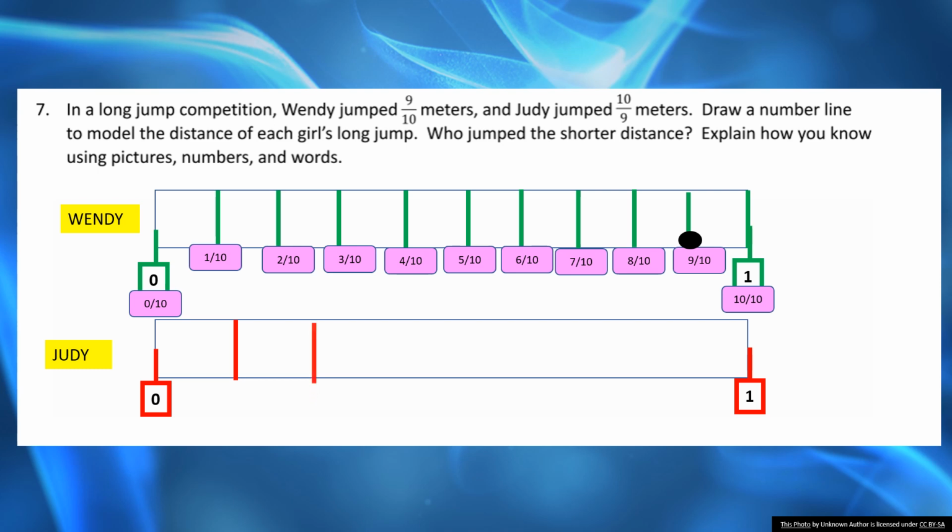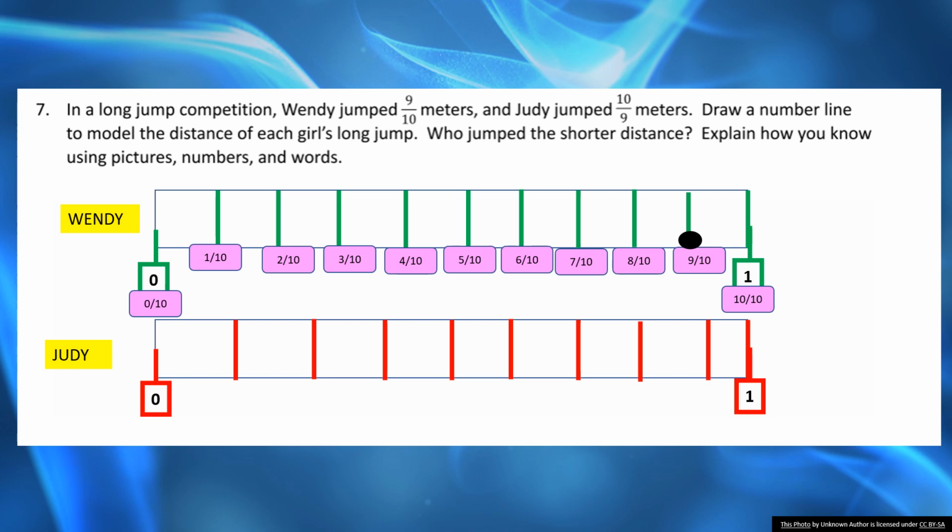1, 2, 3, 4, 5, 6, 7, 8, and 9 directly on that whole number, because 9 ninths is 1 whole.